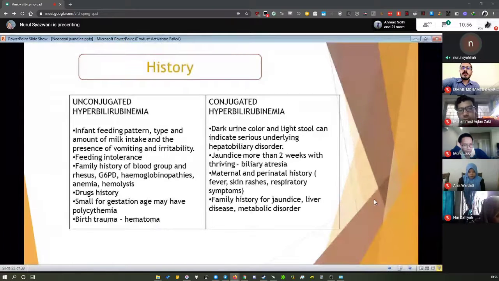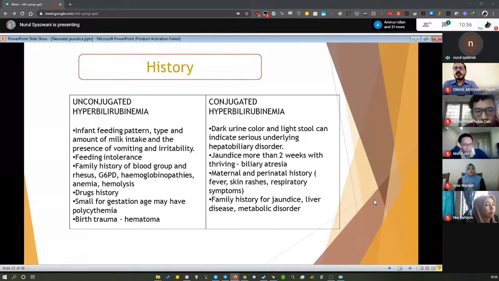We must ask the drug history, and then small for gestational age and also birth trauma. For the conjugated hyperbilirubinemia, presentation is dark urine color and pale stool, jaundice more than 2 weeks, maternal and perinatal history, as well as family history of jaundice, liver disease or other metabolic disorder.